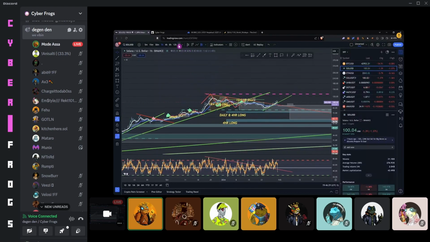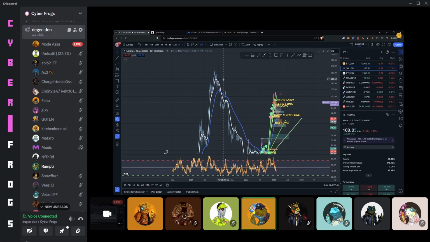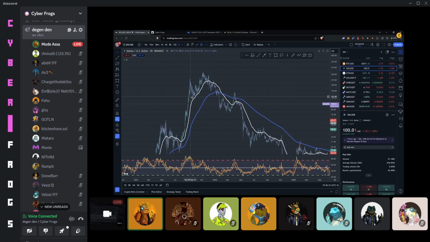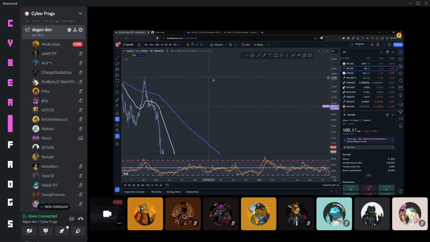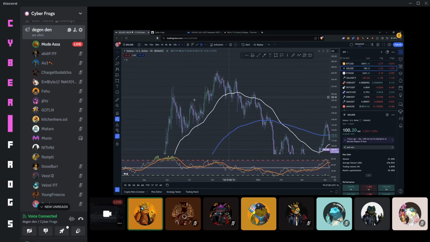I'm going to zoom out to the daily and see if I see why. That's what I was going to say, why 160? It's kind of right here, resistance at these tops. So we had resistance here. This is a daily chart, so each one of these candles represents a full day.